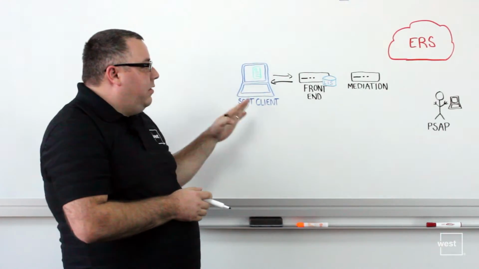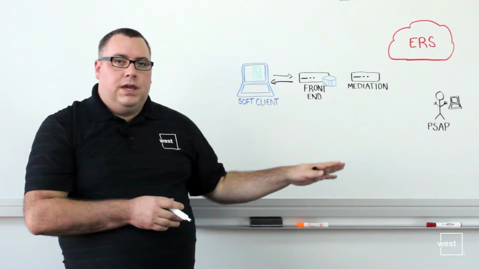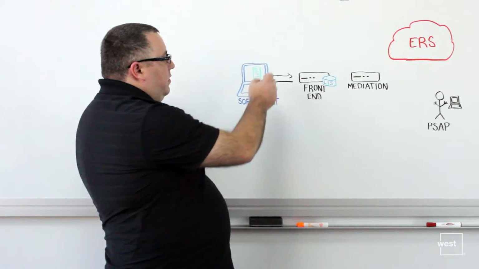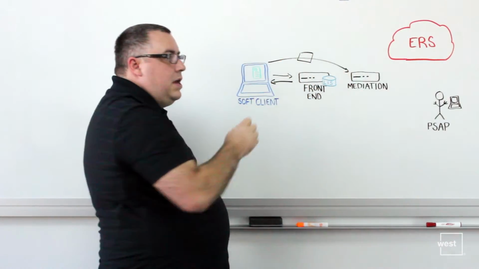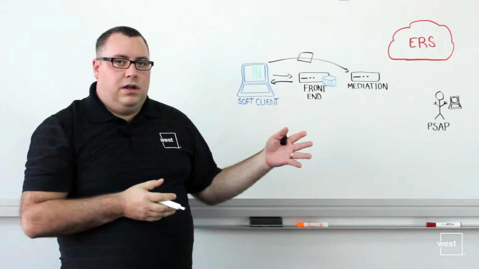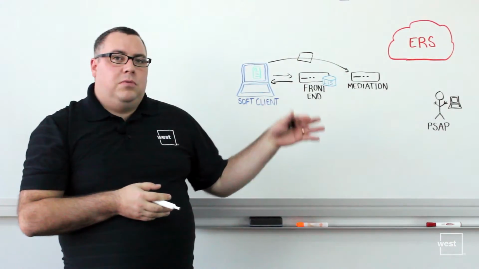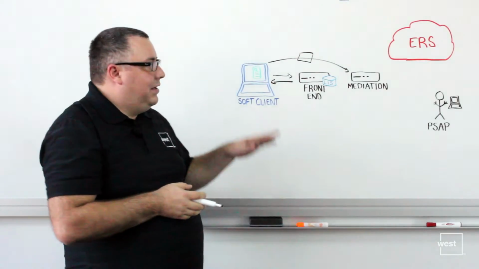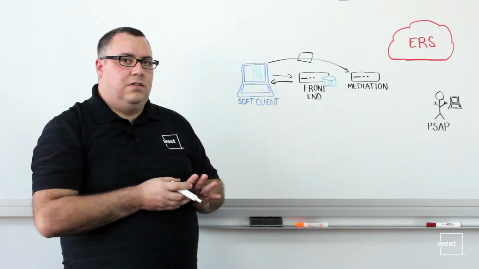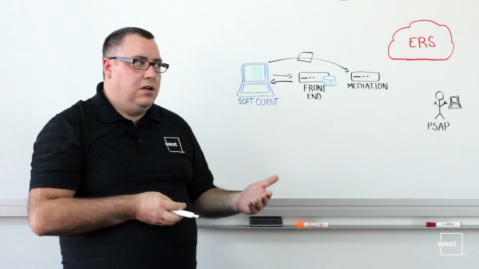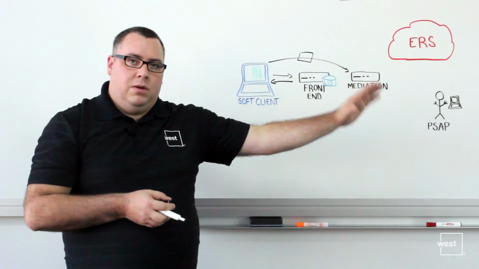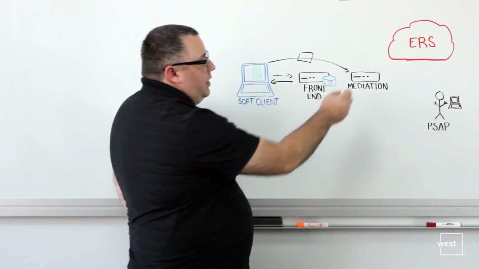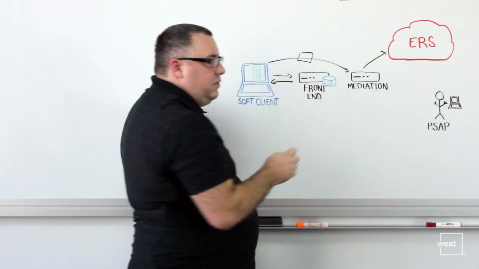When it dials an emergency number that's configured in the location policy, it's going to send the call to the mediation server, and inside it, it's going to include a PIDF-LO location element. It's essentially XML formatted location data that goes inside the SIP signaling. It's one of the key components of NG911, and what it does is it says, I'm dialing 911, here's where I'm located. The mediation server then has a route to the emergency routing service.